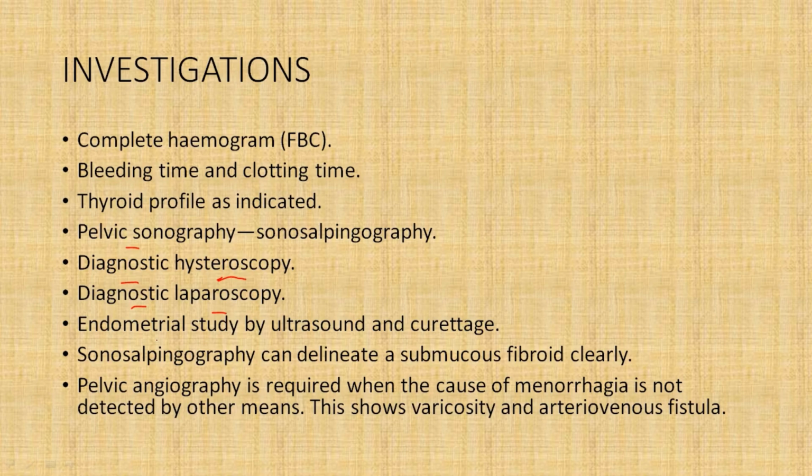You do endometrial study by ultrasound and curettage. You do sonosalpingography, which can delineate a submucous fibroid clearly. You do pelvic angiography, which is required when the cause of menorrhagia is not detected by other means. This shows varicosity and arteriovenous fistula.